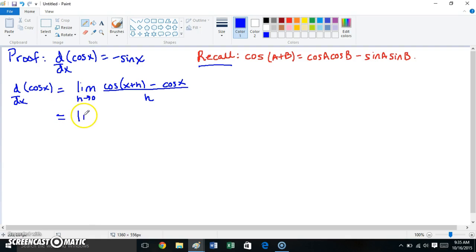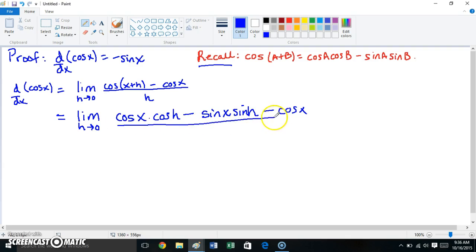This will be very much like the derivative of the sine of x. We're going to use that to expand the cosine of x plus h into the cosine of x times the cosine of h minus the sine of x times the sine of h minus the cosine of x. We'll do some similar algebraic rearrangement and breaking up of the fractions.